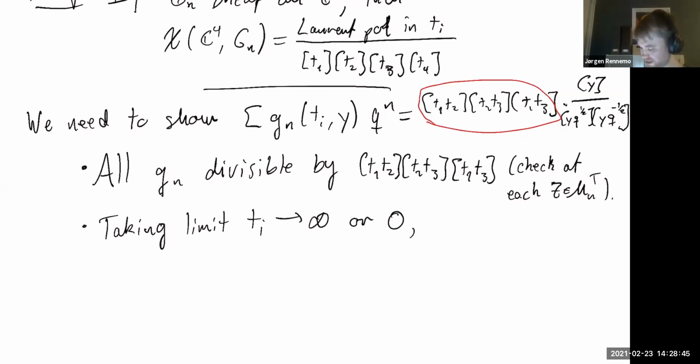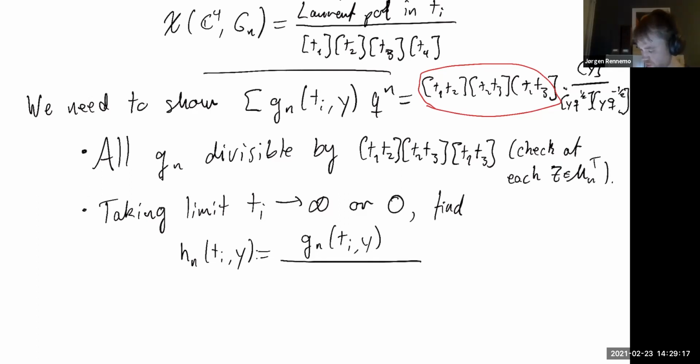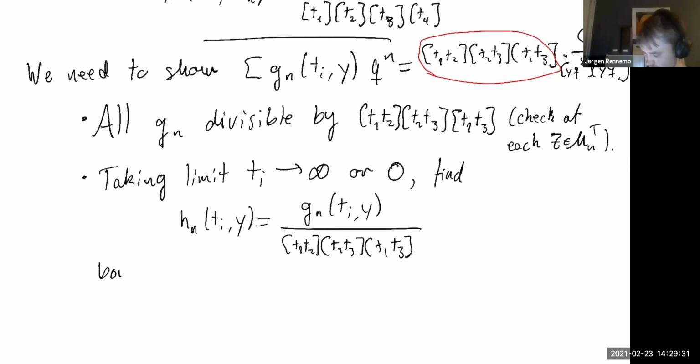So taking the limit, keeping some ti's fixed and taking one of them to infinity or 0, we find in these limits that hn, which we introduce by removing the thing which you can remove, is bounded in that limit.